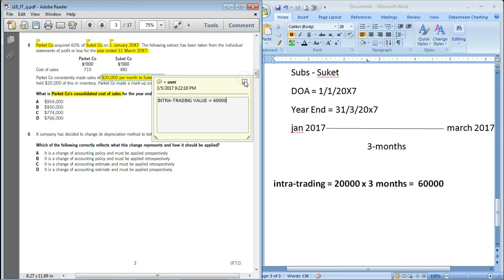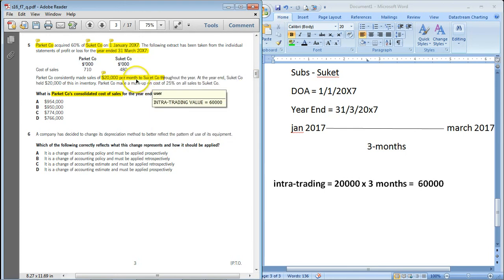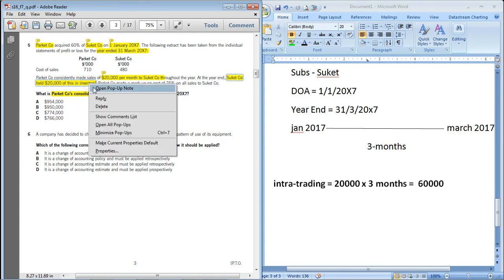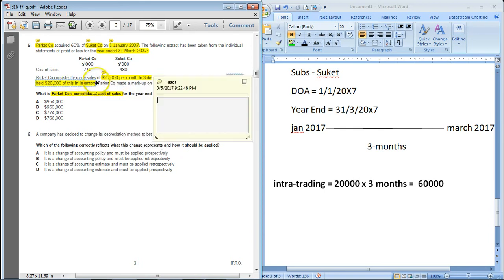So I get my intra-trading amount. At the year end, Suket Company has 20,000 inventory. What indicator is this, class? As you can see, Suket Company, the buyer, still holds the inventory in its position. Correct. This is the unsold stock value.